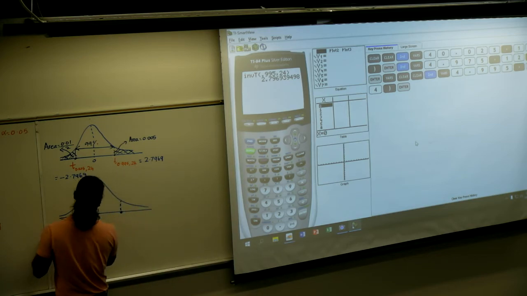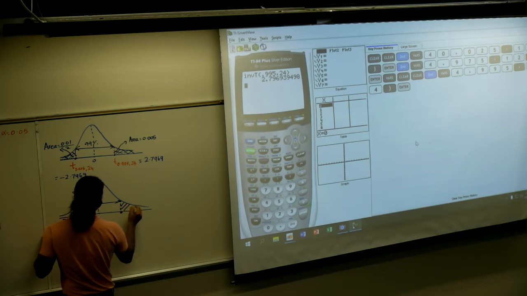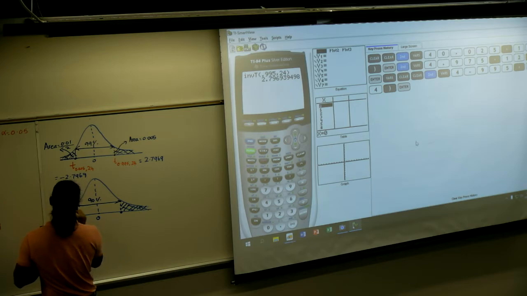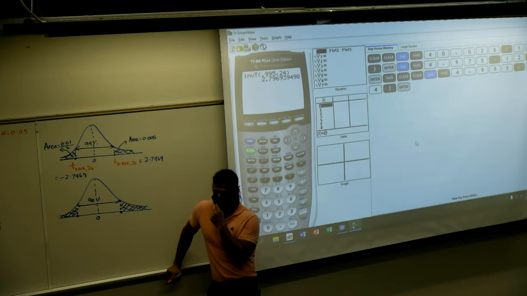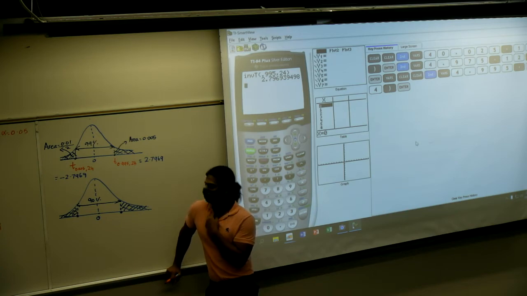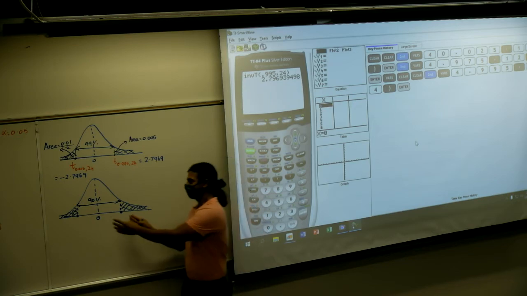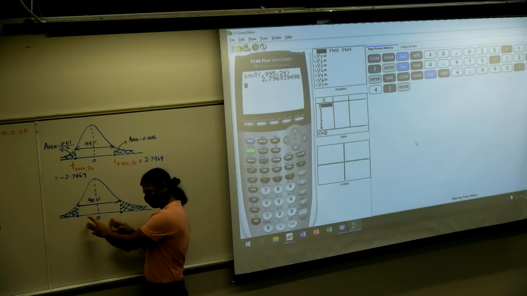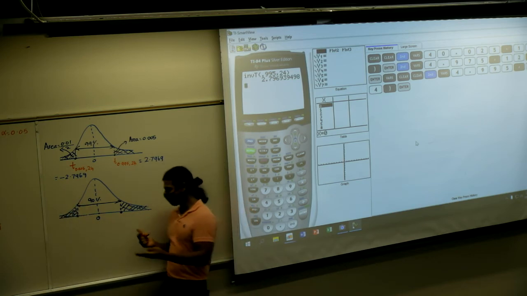90%. What would the area be on either side? 5% on either side, right? If you account for 90% in the middle, you're left with 10%. 10% divided by 2 is 5%.